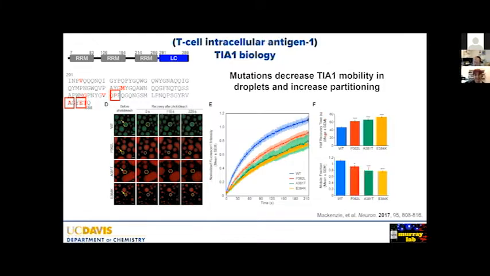The top one shows that the recovery time in photobleaching experiments is increased for the disease mutants. And that means that the TIA1 protein is less mobile within the liquid droplets. And the mobile fraction, or the amount of the protein that partitions into the liquid droplets, is going to increase. So the decreased mobile fraction means that there's more protein in the liquid droplets.